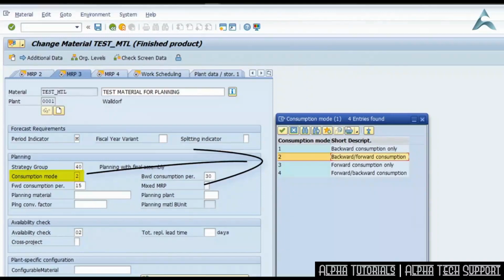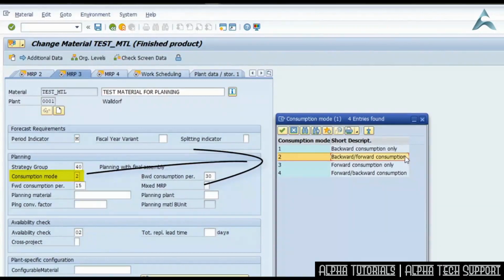And that simply means that when a customer order arrives with a shipping date of some date in the future, the planning engine will first look backward on the time axis some period of days to consume the forecast. And if nothing is found, it will then look forward on the time axis to find forecast to consume. There is backward only, there is forward only, and there is forward then backward, which is the opposite of number 2.